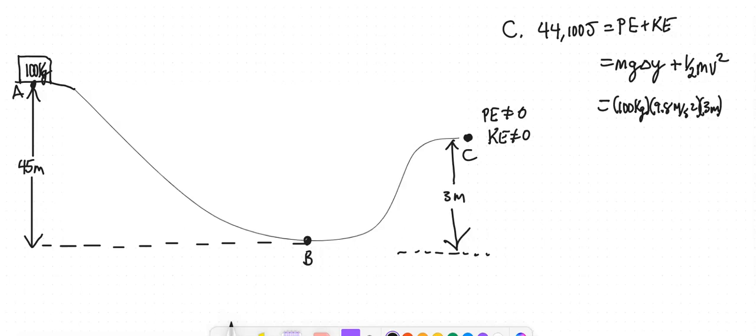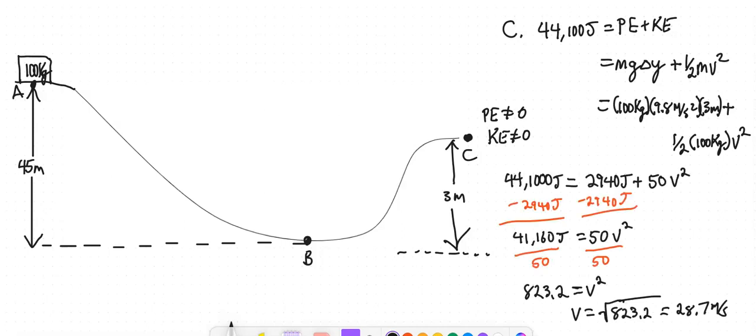And that plus 1/2 the mass, which is 100 kilograms, and v squared. So I'm going to do some algebra real fast, and there is your answer. If I was you, I would pause it and check your algebra. And that is how we find the velocity at position C.